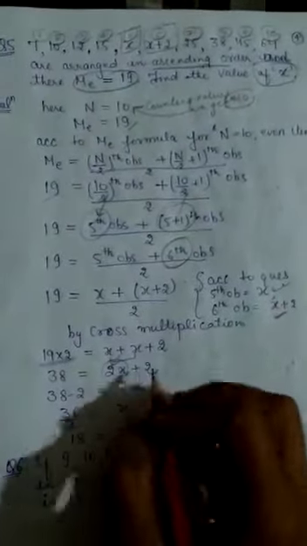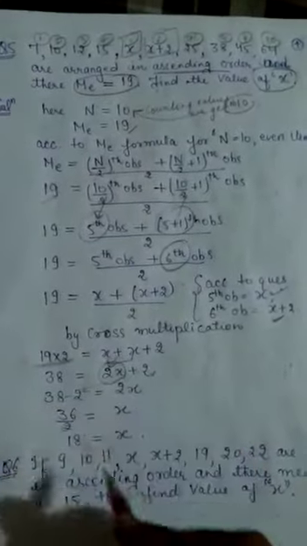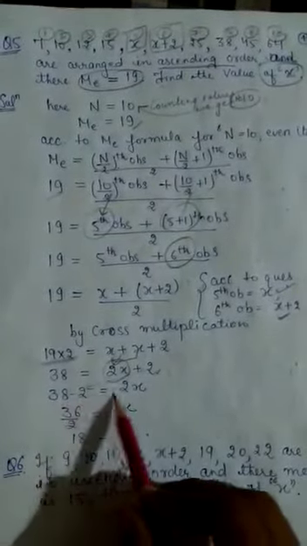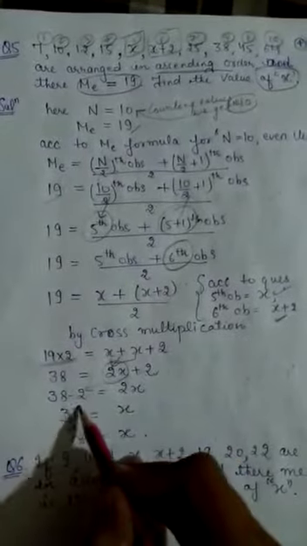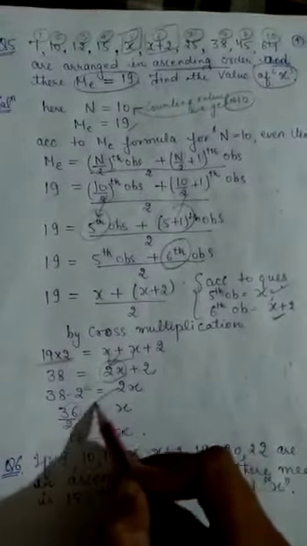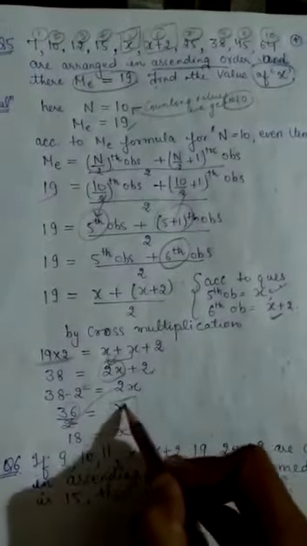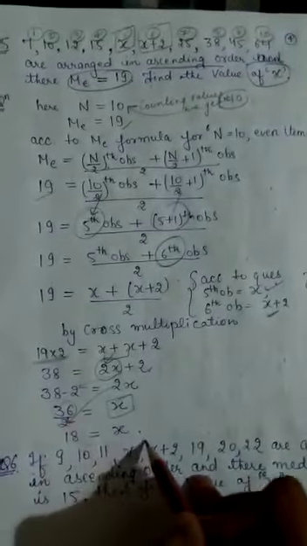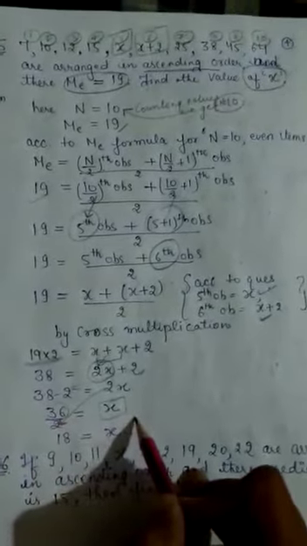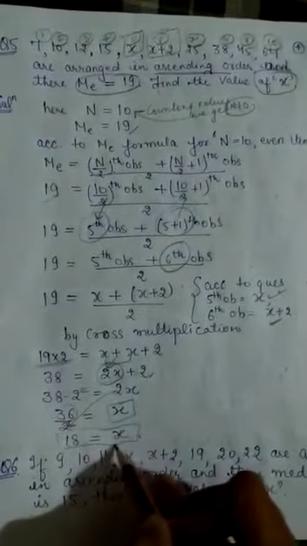And in the next line, this 2 comes here, it will become negative. So 38 minus 2 is equal to 2x. Now 38 minus 2 gives 36. This 2 comes here in division. So you are left with the value of x. 36 divided by 2 gives 18 and x is equal to 18. So your value of x is 18 in this question.